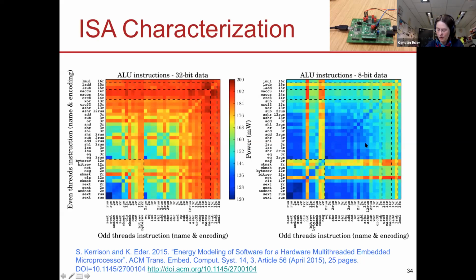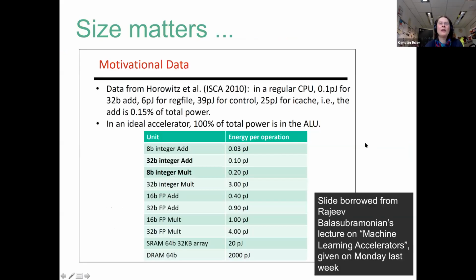And this is not new, right? We've seen this earlier on. For those of you who have seen the lecture on machine learning accelerators given on Monday last week, you probably were more thinking about or listening and looking at these bold lines here. But if you look at it more closely, 8-bit integer add 0.03 picojoule, 32-bit integer add 0.10 picojoule, right?